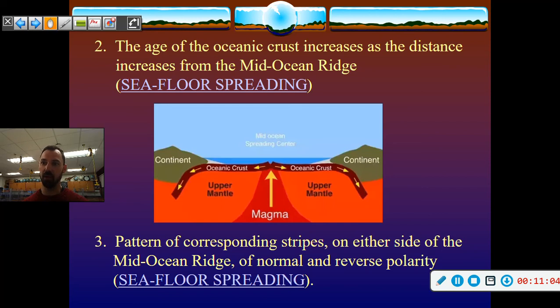And right now we're in normal polarity, so obviously the rocks, the one side of the rock will be facing north, and in the past it's reversed, so sometimes we see it facing the other direction, and as a result we end up with a pattern of dark and light striping that we can use as a kind of recorder of magnetic polarity changes. Okay, and that happens over time.